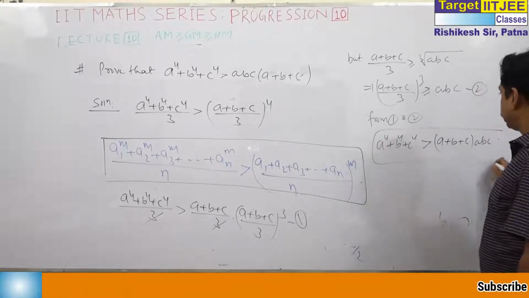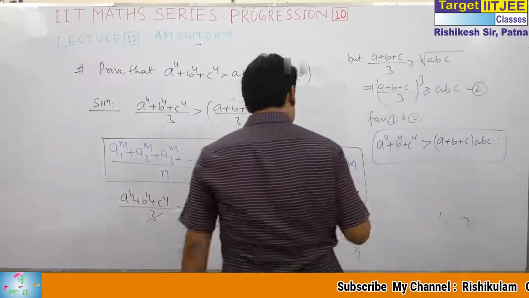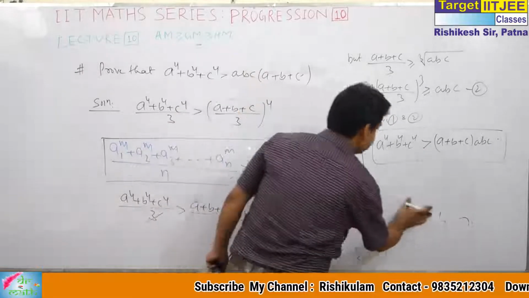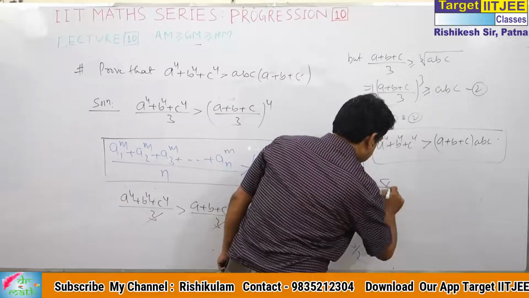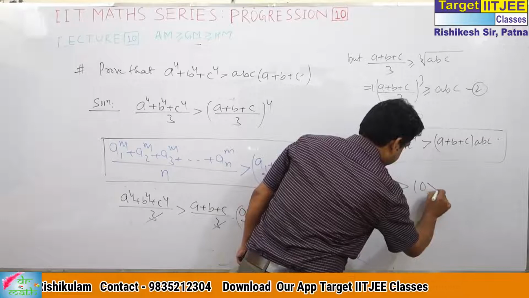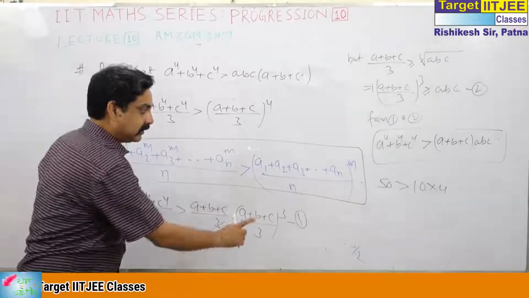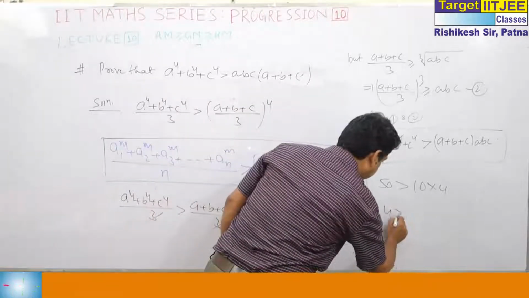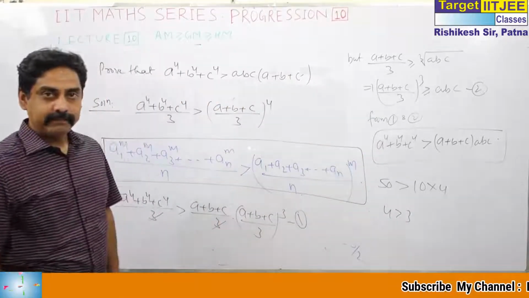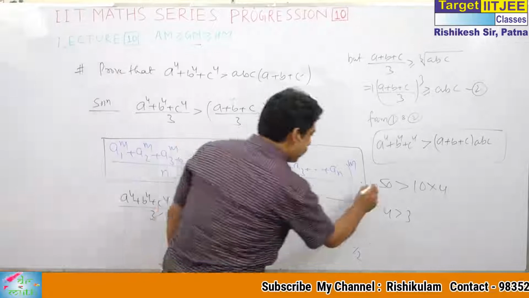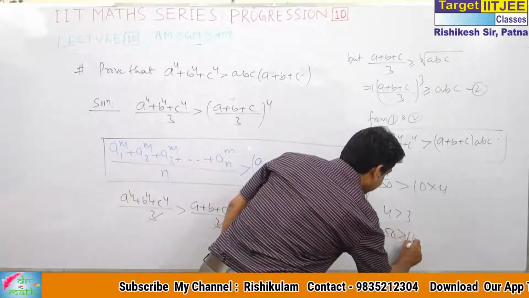So is that a proof? How? See the logic. Suppose 50 is greater than 10 into 4. Since 4 is greater than 3, we can write 50 is also greater than 10 into 3.